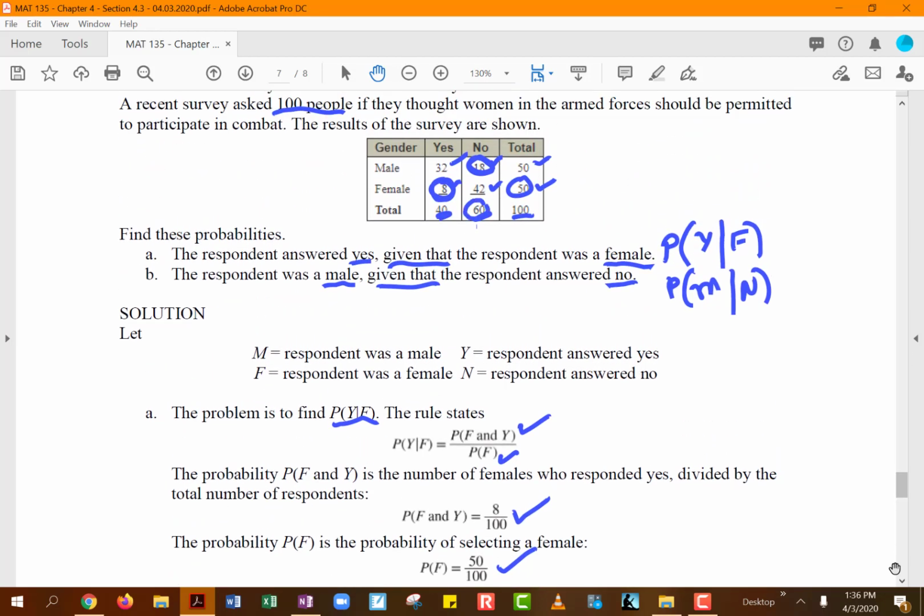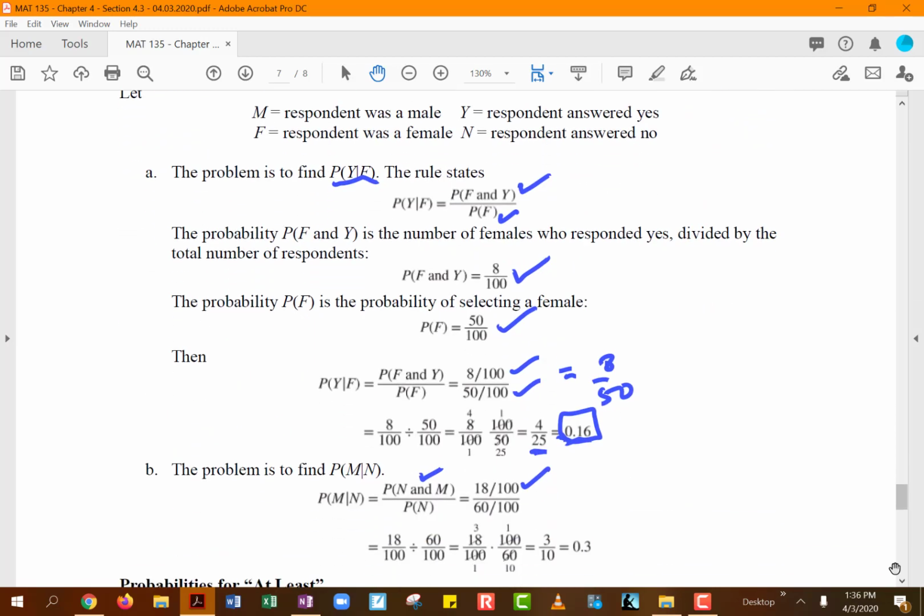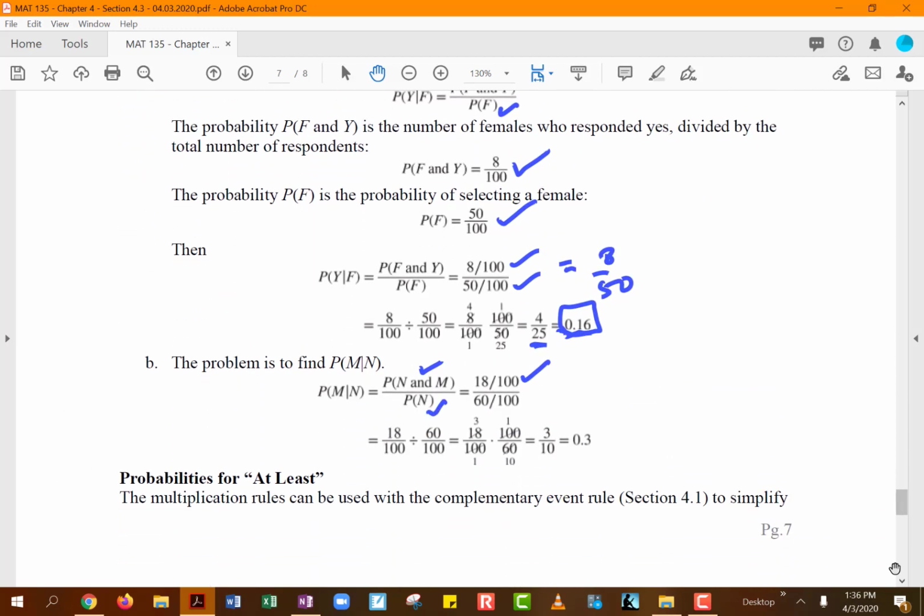That was a total of 60 no's, right? So that's the denominator, probability of no, and that's 60 out of 100. So again, this would essentially become 18 over 60, which can reduce down to 3/10 or 0.3. So we're saying there's a 30% probability that the respondent was male, given that they said no.